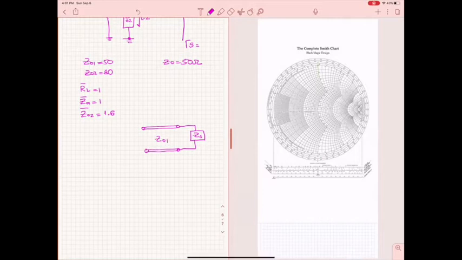Z01. Then here at this point, the transmission line is connected to 50 ohm. All right. Now at here, I put a short circuited stub.